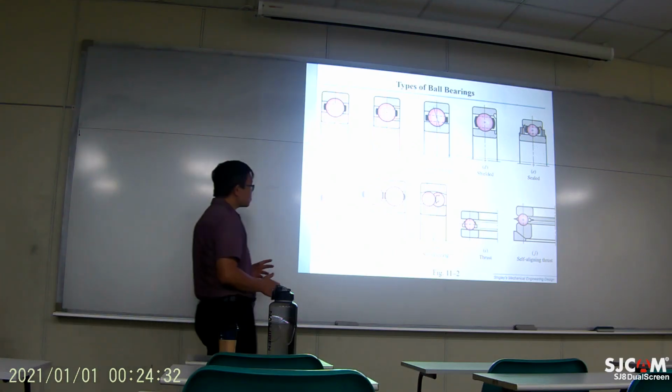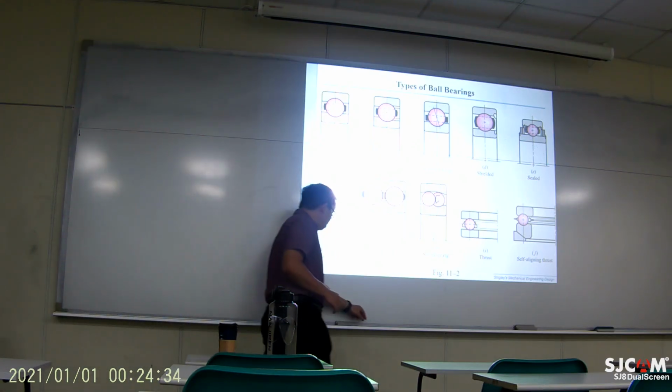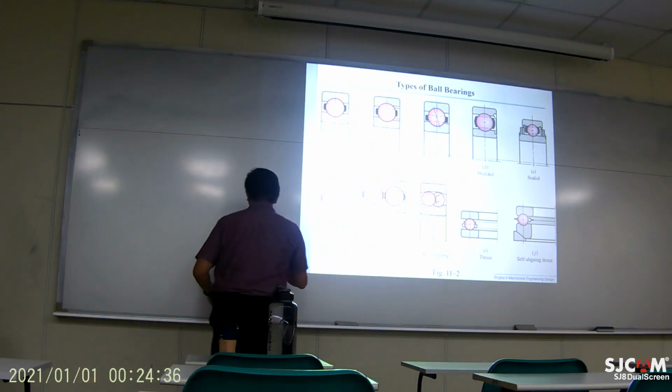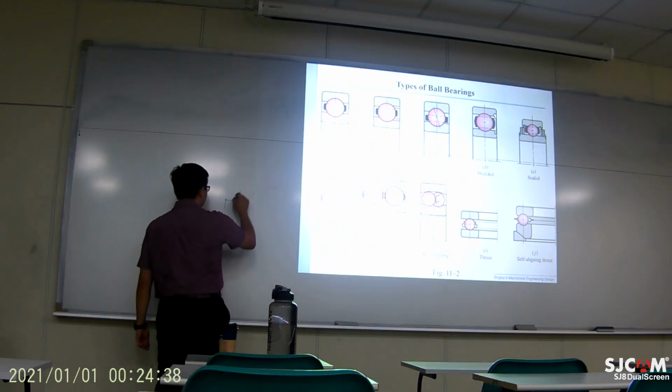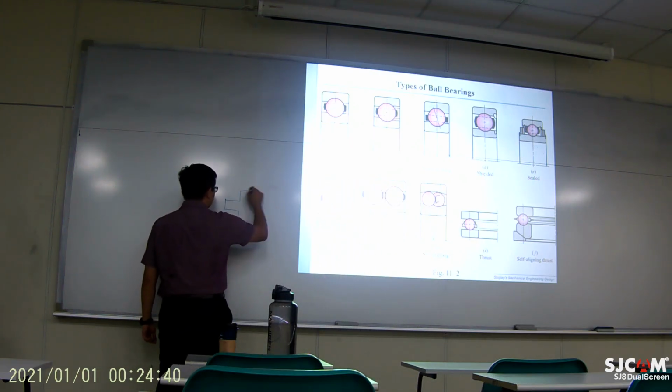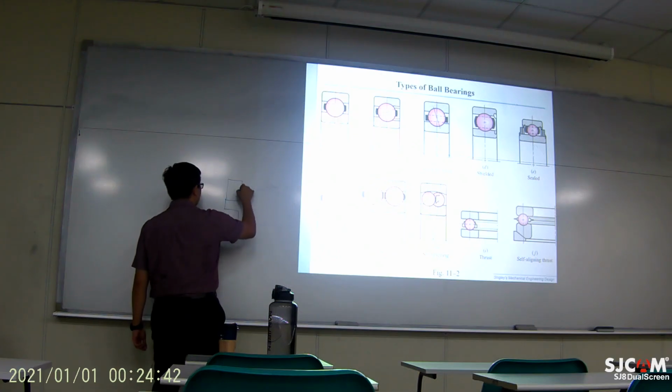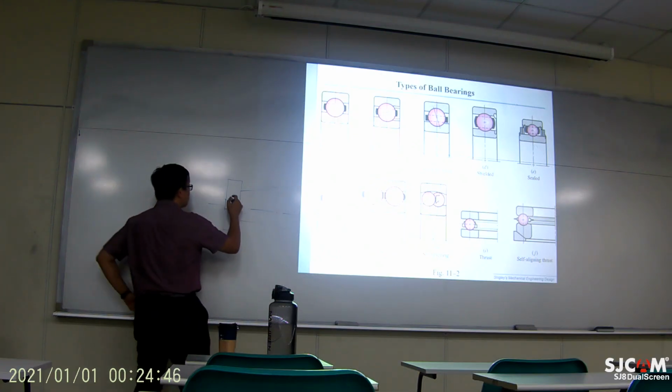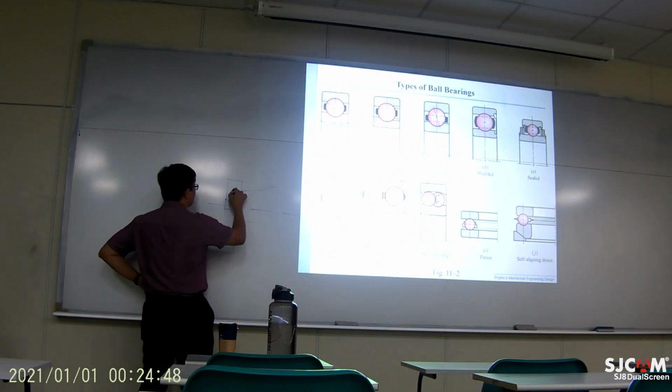If you think about the shaft problem, so here's our shaft, okay? And here's the bearing, okay? In fact, there's a metal ball inside, and there's an inner ring and outer ring. Okay, inner ring, outer ring.